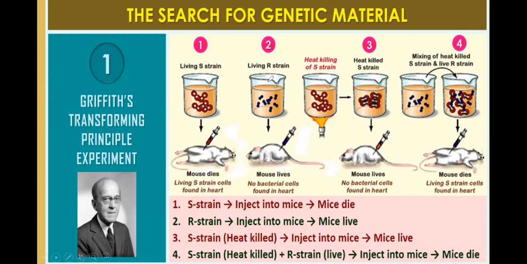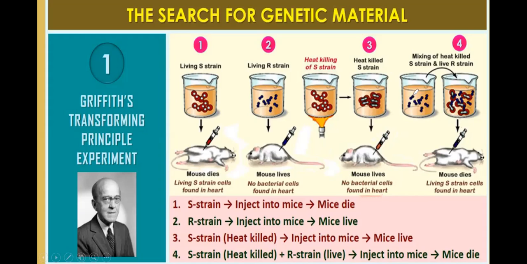When he injected living R strain into the mouse, no bacterial cells were found in the heart. Therefore, the mouse lived. Then when he injected heat-killed S strain into the mouse, the mouse survived. No bacterial cells were found in the heart.